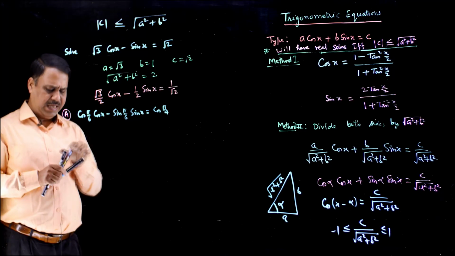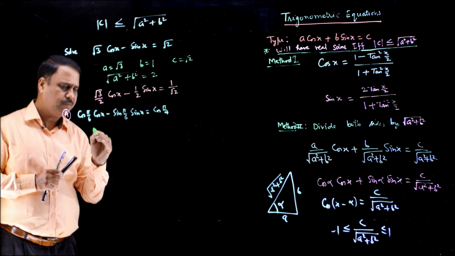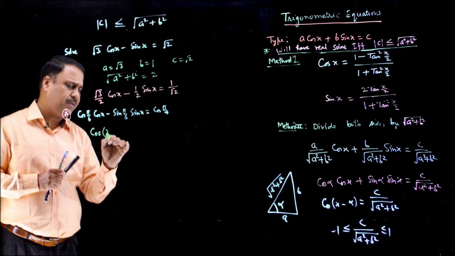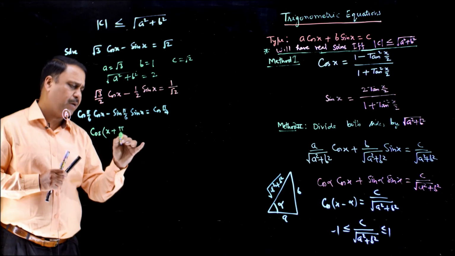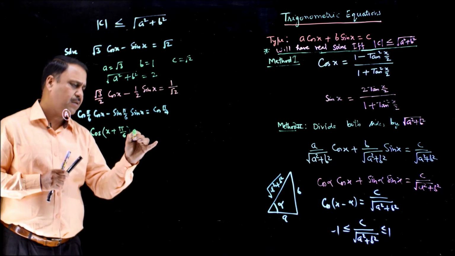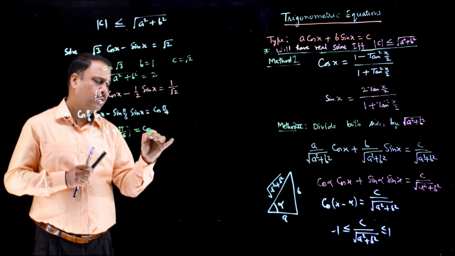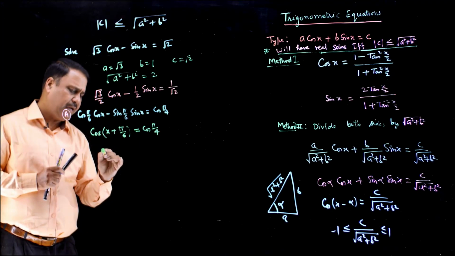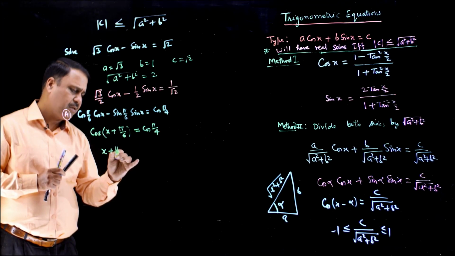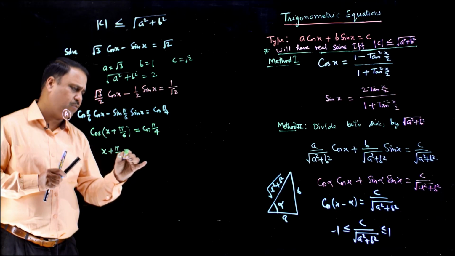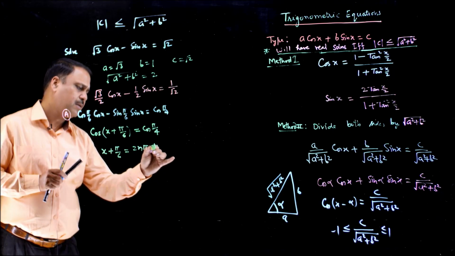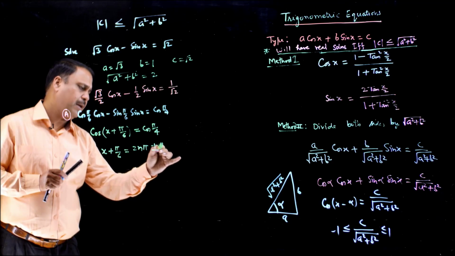So this we can write as cos a cos b minus sin a sin b is cos a plus b, so cos of x plus pi by 6 is equal to cos pi by 4. So from here you will get x plus pi by 6 is equal to 2n pi plus minus pi by 4.